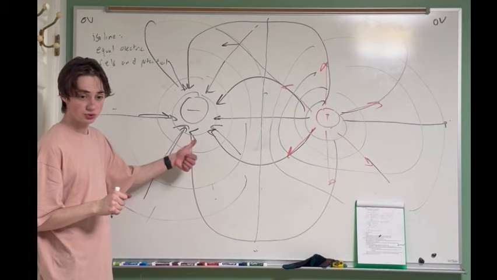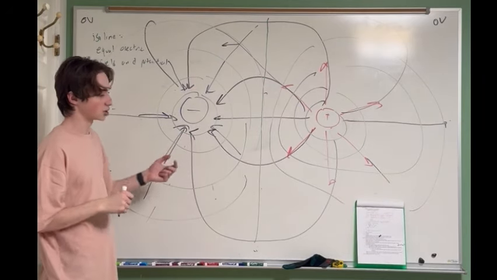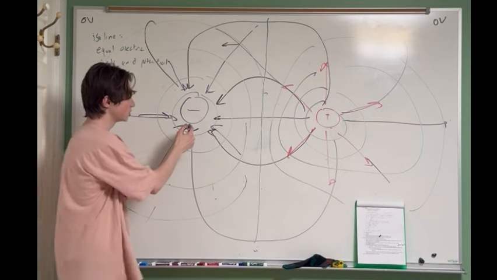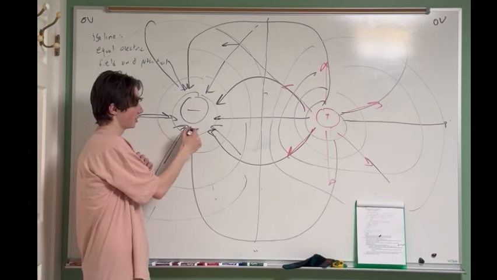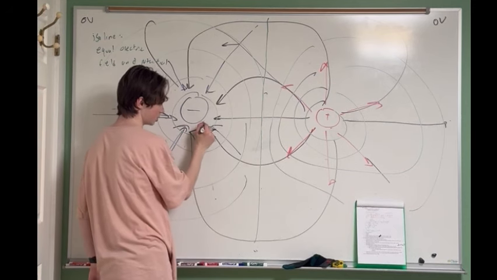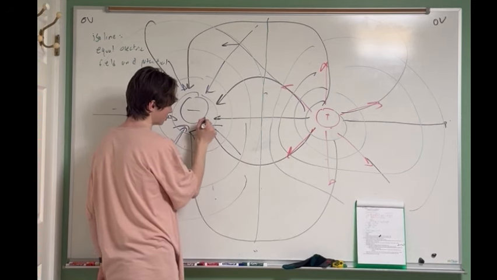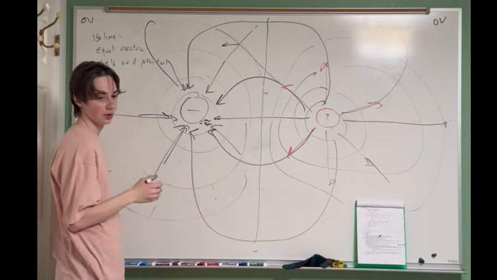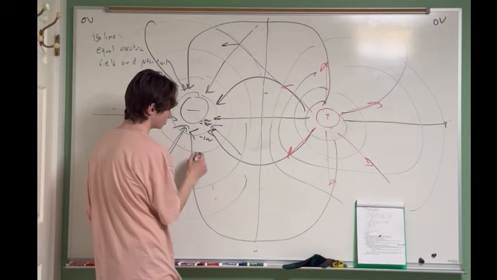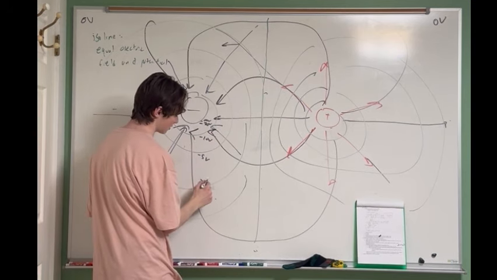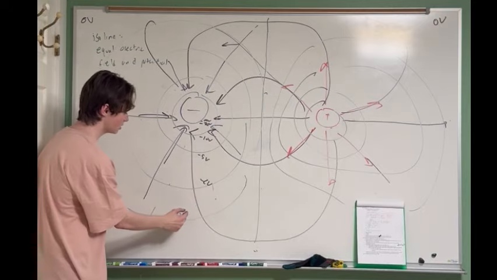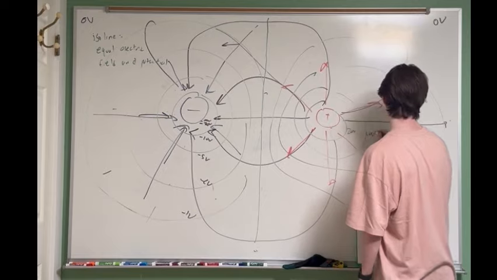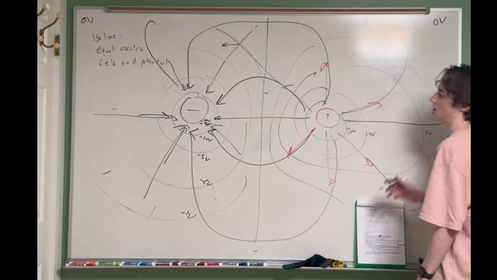As we get close to a charge, the voltage is going to either increase or decrease, but it's going to increase in magnitude. So close to a negative charge, we're going to have a very negative voltage. Here we have maybe 20 volts. If we get really close, we can eventually get to negative 50 volts because you can't crush stuff all the way right next to a charge. Here's negative 10 volts, here might be negative 5 volts, maybe we have negative 2 volts, negative 1 volt. And then close to the positive one, we have the opposite: 20 volts, 10 volts, 5 volts, 2 volts.